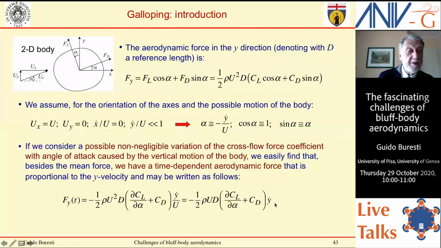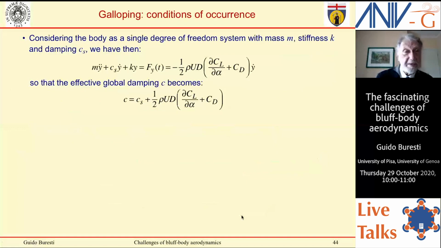So if your body belongs to a single degree of freedom system, with a certain mass, stiffness, and damping, and this is the equation of motion, you see that the aerodynamic force adds to the damping, and you get a global damping, which has this form. And now, imagine the structural damping is always positive. May the global damping become negative?